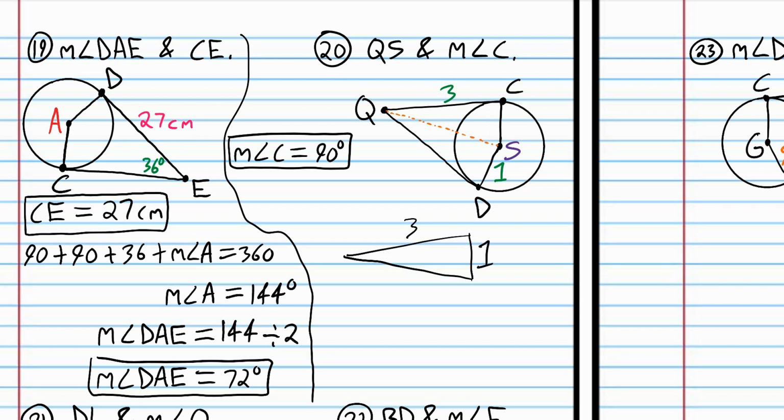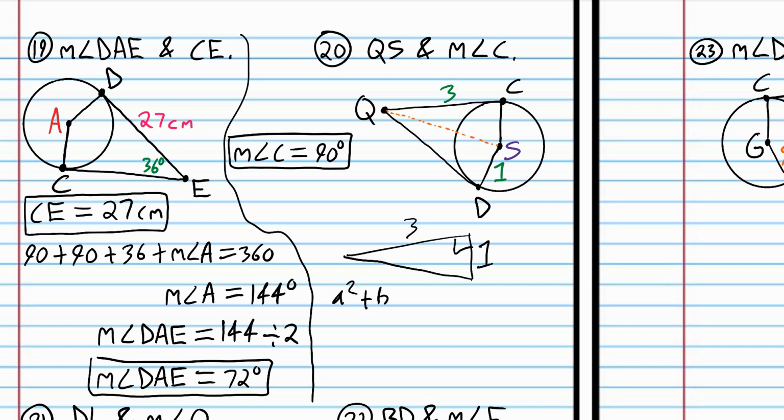And now we can use the Pythagorean theorem because we know this is a 90-degree angle, because again, we're dealing with a tangent to a radius. So that means that 3 squared, and let me just go ahead and write the Pythagorean.